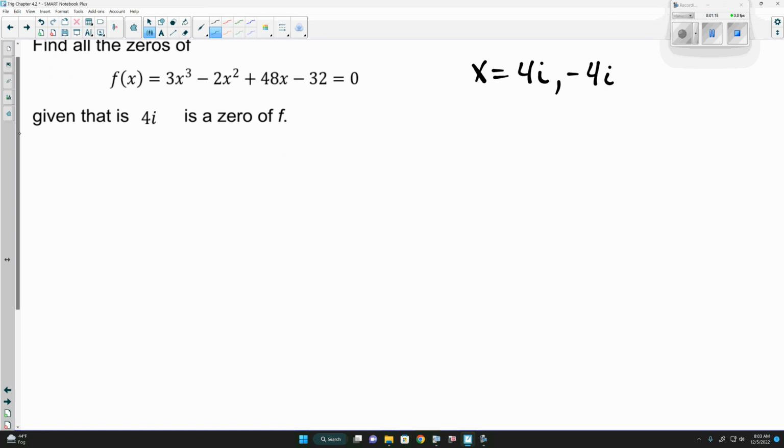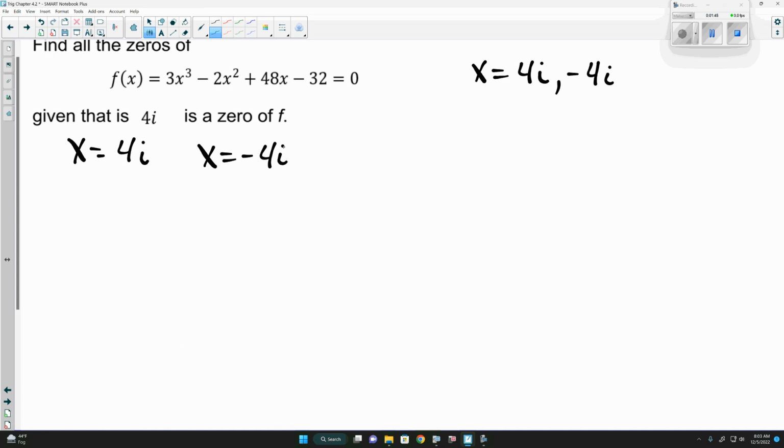The other way to do this is to take these 2 solutions and essentially find the quadratic that would be their product. The quadratic that x equals 4i and x equals negative 4i would be the solution to, and take that and divide it from the original polynomial so we can solve for the rest.